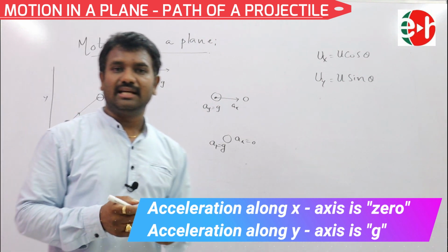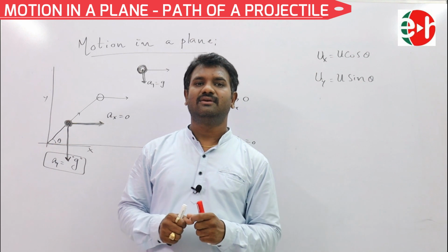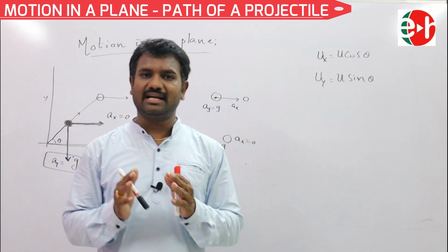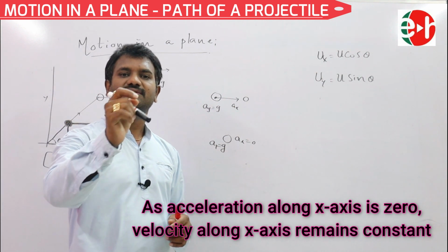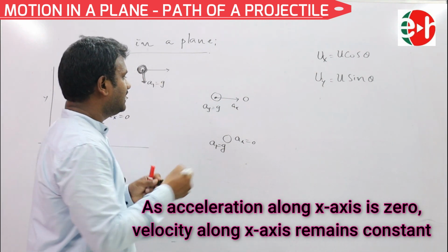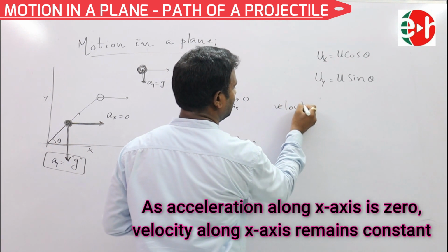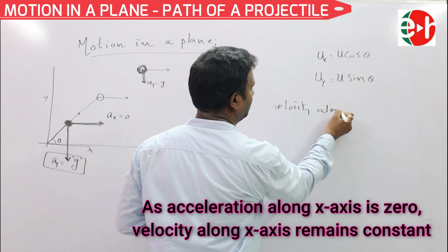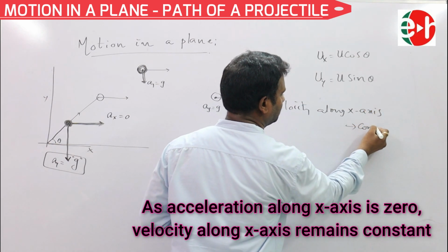What happens if the acceleration is 0? We have studied this in the earlier case. What happens if the acceleration acting on a body is 0? Yes, it moves with uniform velocity. Means its velocity along the x-axis remains constant.